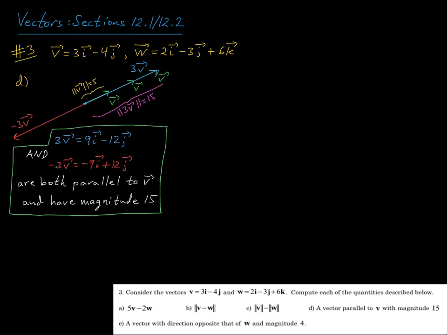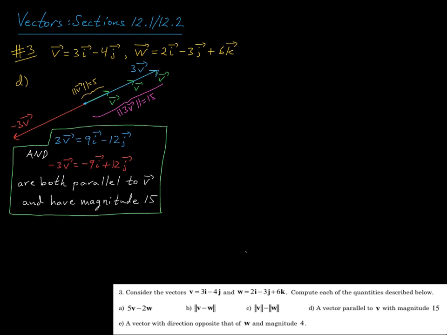So here, minus 3v is parallel to the vector v, because if I consider the line spanned by the vector v, minus 3v does point along that line. So both have magnitude 15. They're both parallel to v, so really either one of those answers would do.